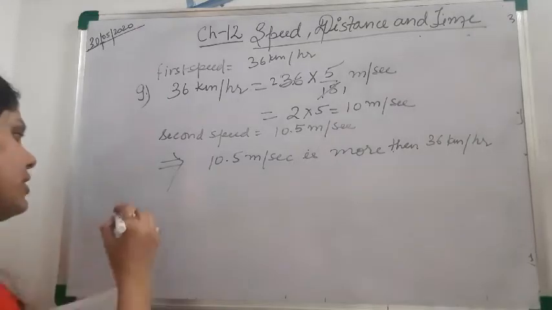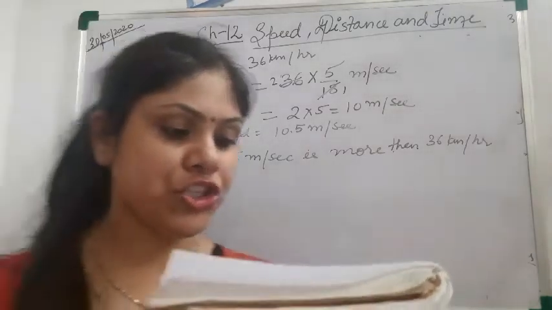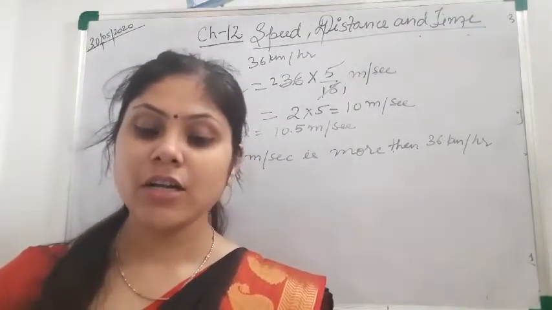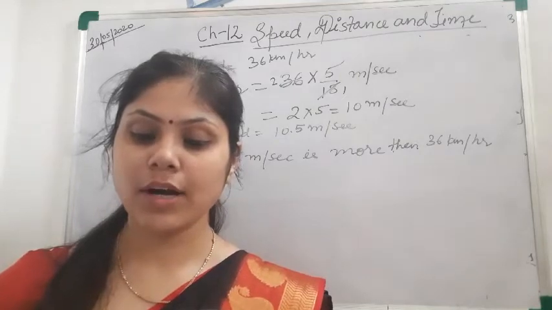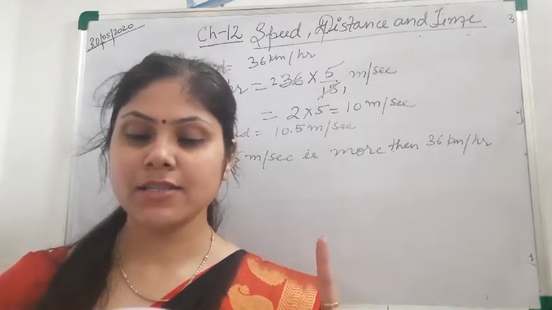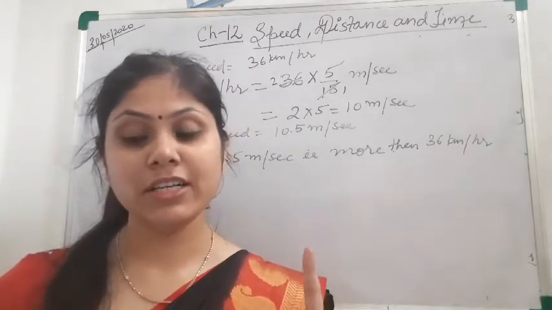Now let us come to 10th question. So 10th question is, a car running at 45 km per hour takes 6 hours to cover a journey. 45 km per hour is the speed and 6 hours is the time to cover a journey.